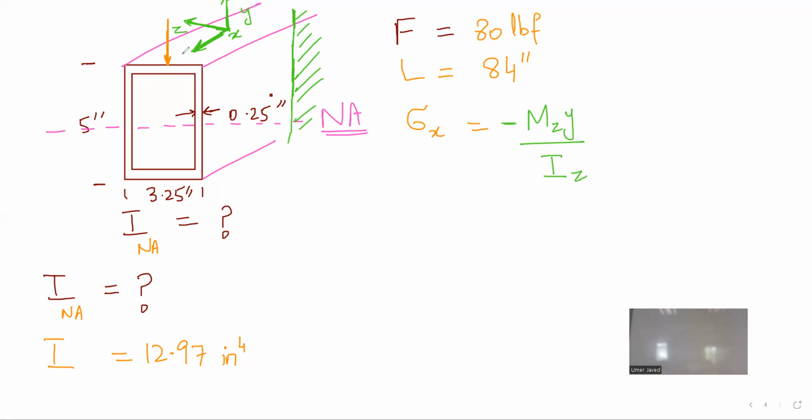The Z is in that direction. The orange arrow is the force. This is the Z. So it's going to bend like that, right? This is the cantilever. This thing will bend like this. So it's in the negative direction.